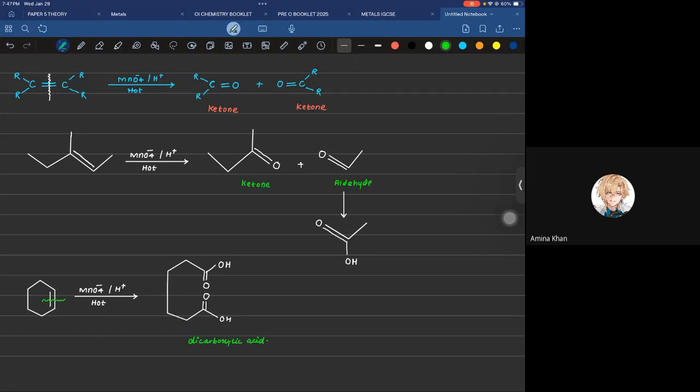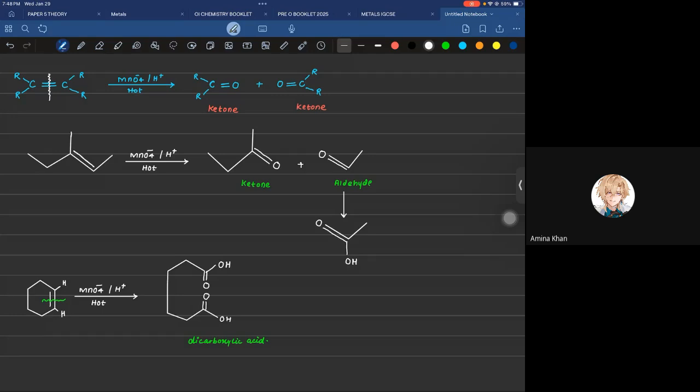Whenever you break down the double bond, since this is a cyclic compound, cyclohexane, when the double bond breaks, this is your skeletal formula. Obviously there is hydrogen, but we are not supposed to show hydrogen in any skeletal formula. First of all, aldehyde would be formed, and finally your aldehyde would be further oxidized to give you carboxylic acid.